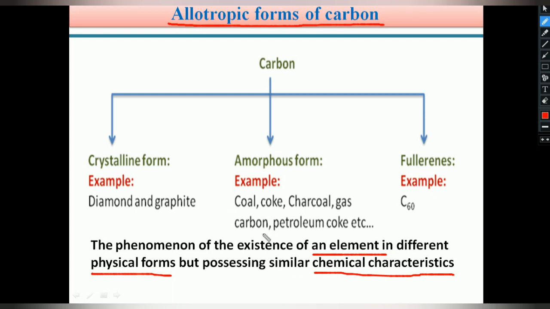Carbon can exist in more than one form, and those are known as allotropes or allotropic modifications of carbon.